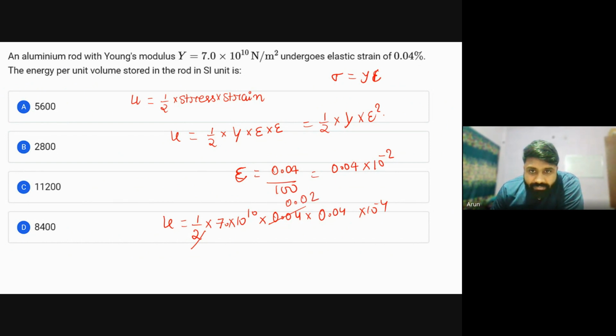And this will become 10 raised to the power minus 2 and minus 4, so 10 raised to the power minus 6 finally. So U here equals 7 times 10 raised to the power 10 multiplied by 2 times 4 times 10 raised to the power minus 8.